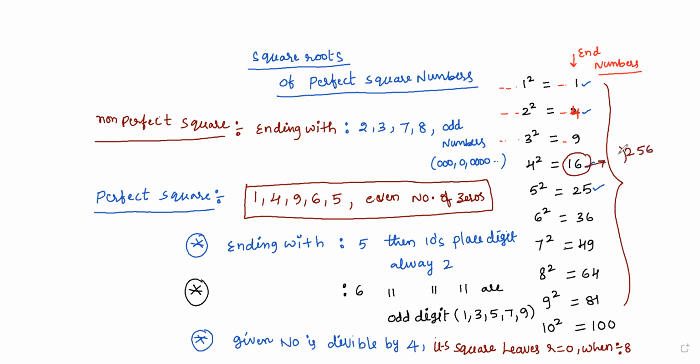So 256, if you divide by 8, 8 times 32 is 256, so it gives remainder 0. So then also we can say that there is a chance that it is a perfect square number. That is the one condition.